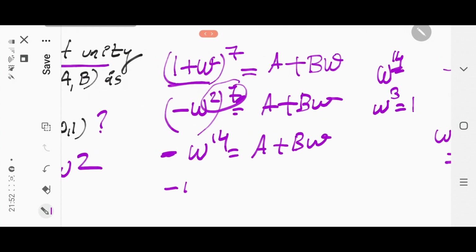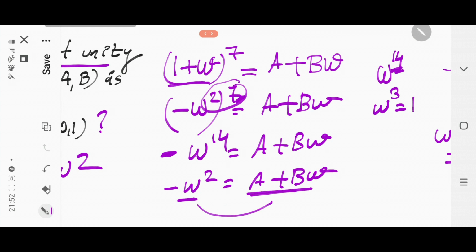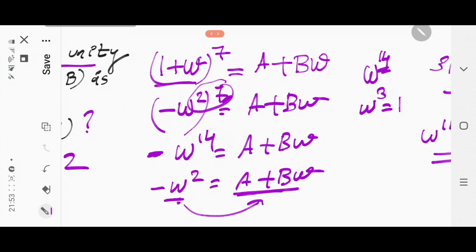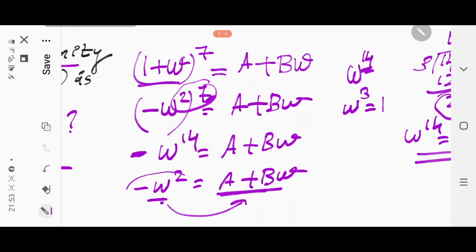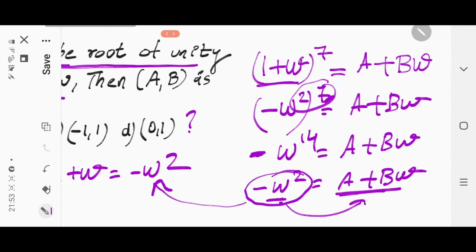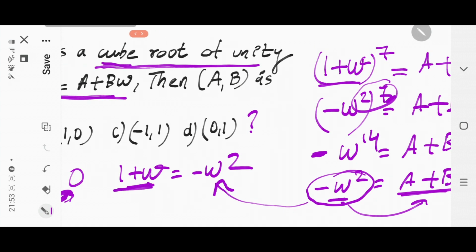Therefore, you can write here minus omega square is equal to A plus B omega. See, both LHS and RHS are not the same. Here it is second degree, here it is first degree. As you know, what is minus omega square? It is 1 plus omega.